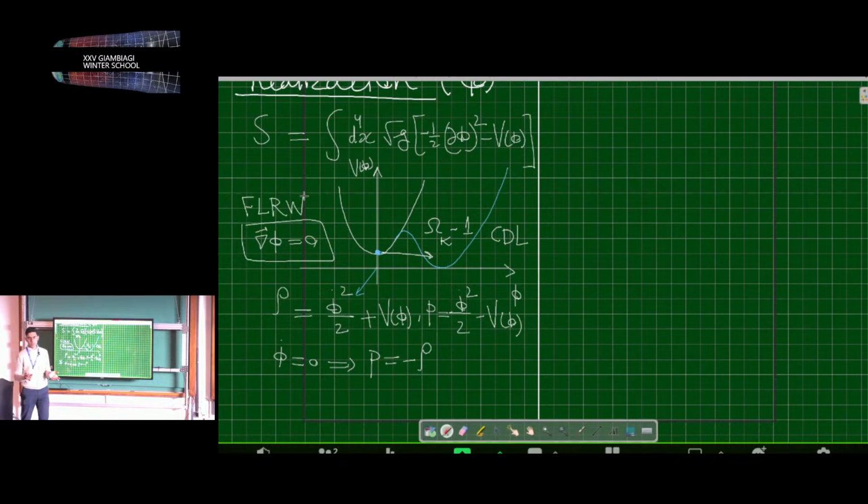Then phi dot is going to be 0 if it is trapped in a minimum, right? If the scalar field is not trapped in a minimum, if it is somewhere else, then maybe at a moment it can be 0, but then it starts moving or rolling down. So that would, at one moment, give you w equals -1, but then it starts deviating.